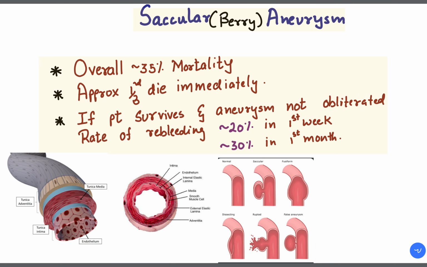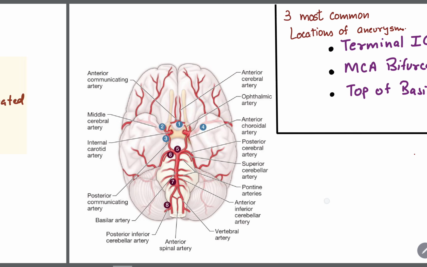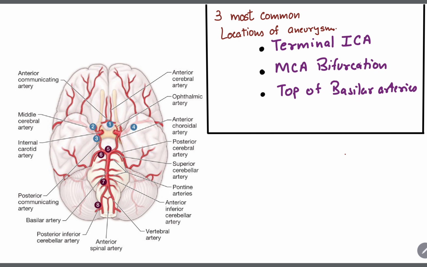Even if the person survives and the aneurysm is not obliterated, the rate of rebleeding is 20% in the first week and 30% in the first month. Such is the severity and such is the promptness required from the physician. We must be prompt in identifying and treating.